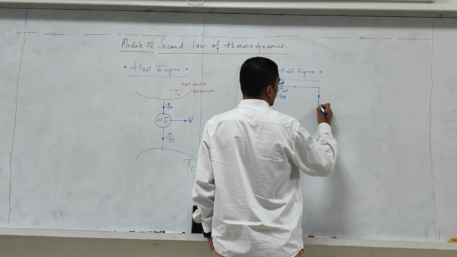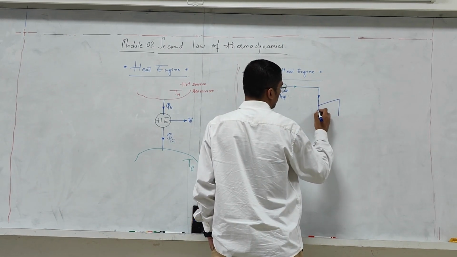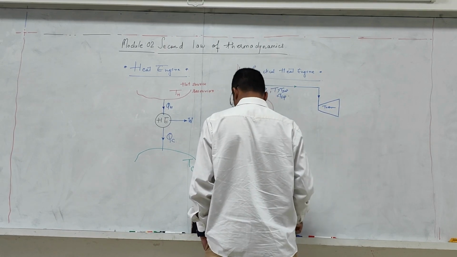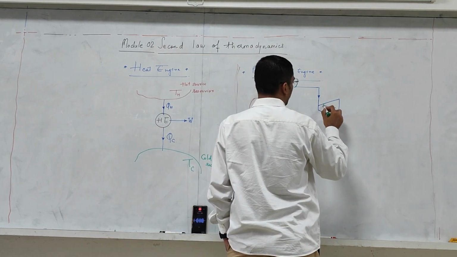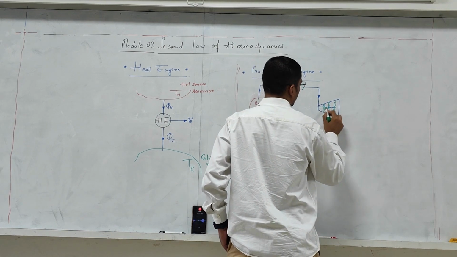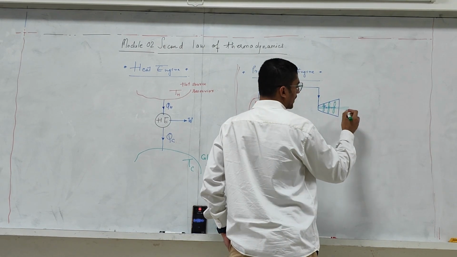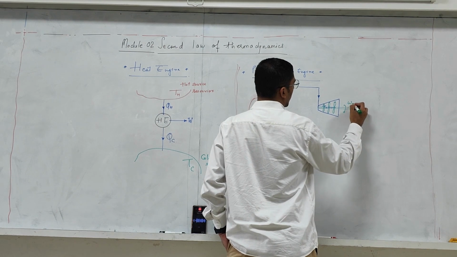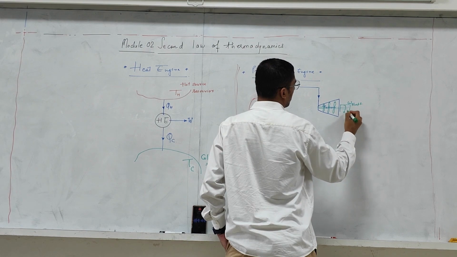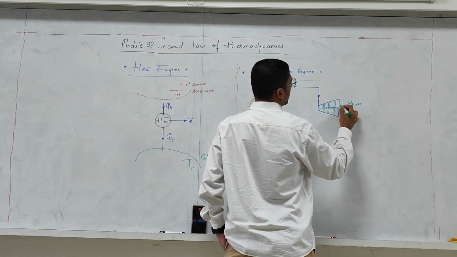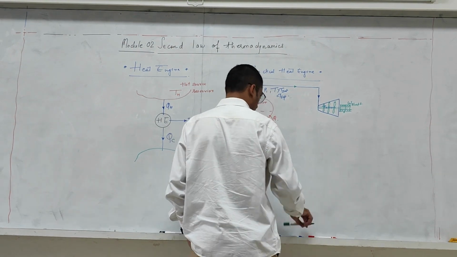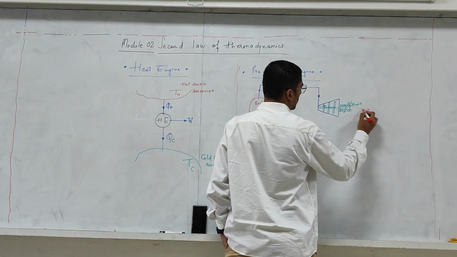We show the turbine in this manner, and inside the turbine you have the blades; the steam hits them and rotates them. So what you get out is a mechanical shaft work output, and when this shaft rotates in a permanent magnet, according to Faraday's law, you get electricity as output.